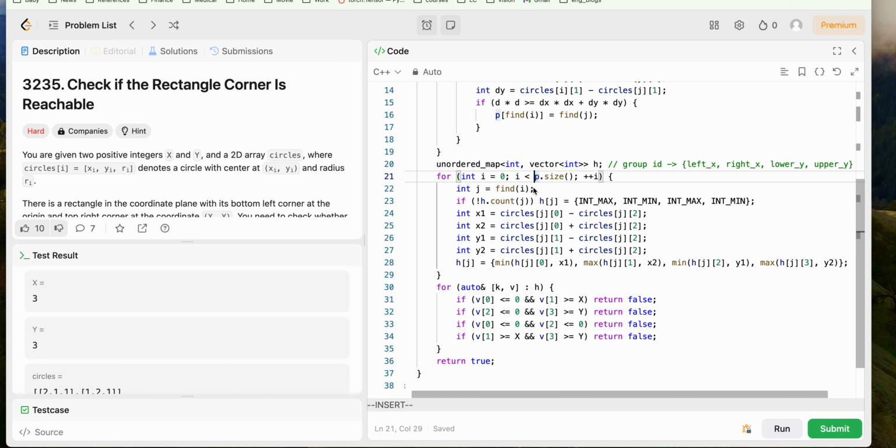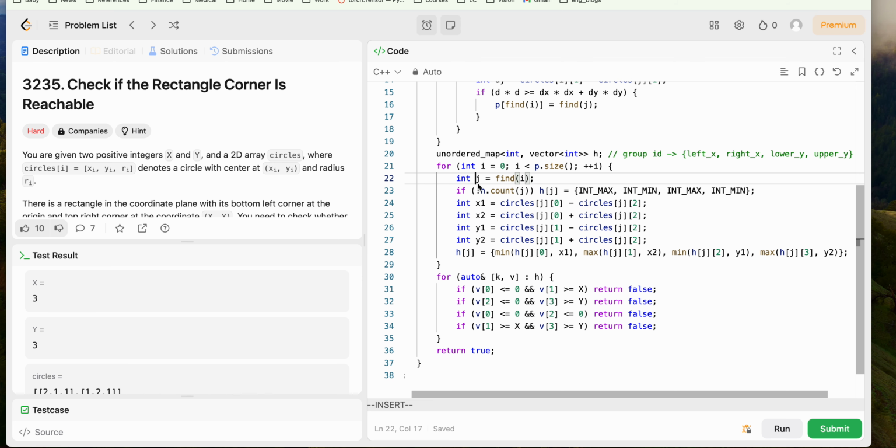And for each group, we have j equals find i. If we don't have that in H, these are the initial values. Then we have x1 is x at 0 minus this radius. y1 is this one minus this radius. x2 is this one plus radius. y2 is this one plus radius.